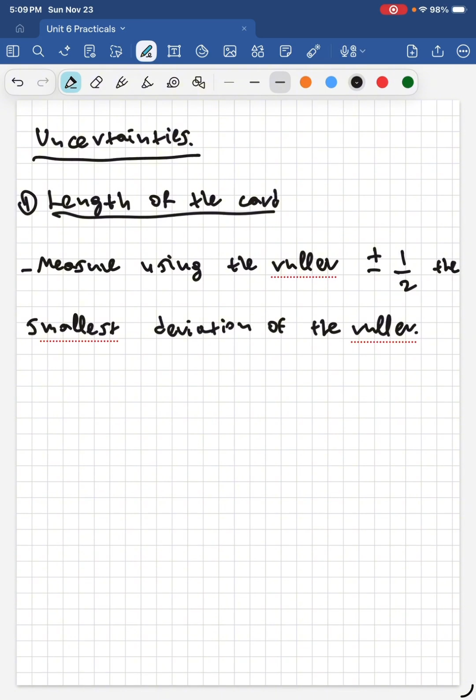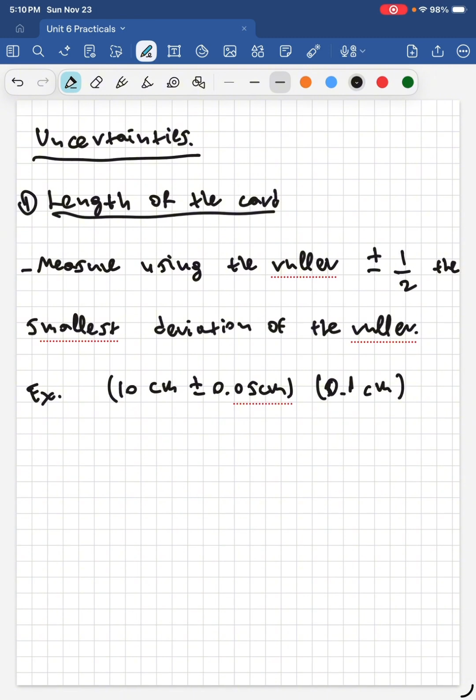So for example, maybe you measured it to be 10 centimeters plus or minus 0.05 centimeters, because in this case the smallest deviation is 0.1 centimeters. If the smallest deviation is 0.5 centimeters, use 0.25 for your uncertainty.